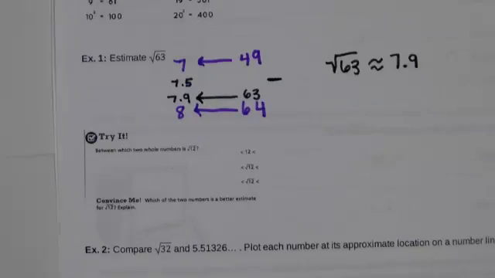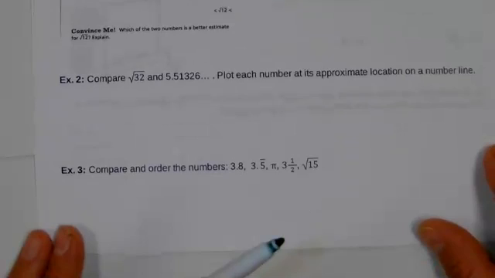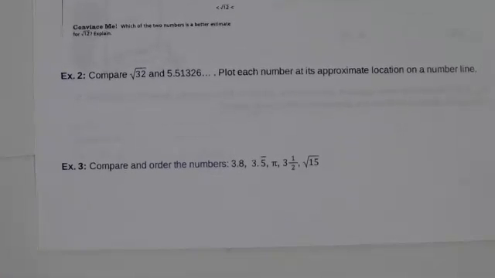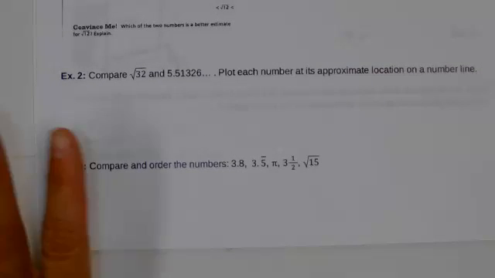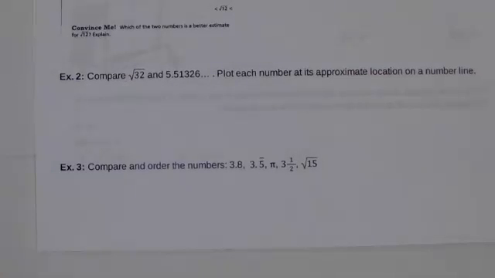So moving on down the line here, example 2 now asks us to compare two numbers, okay? It says compare the square root of 32 and 5.51326..., indicating that that number is going to keep going, and then plot each number in its approximate location on a number line.